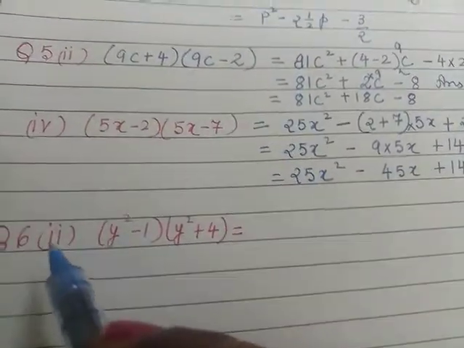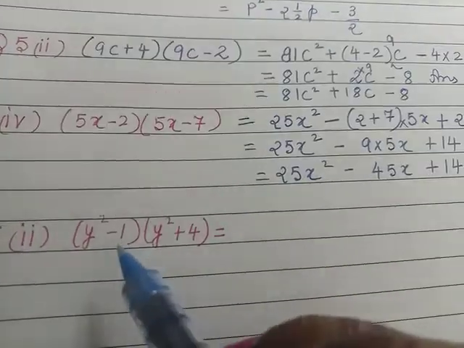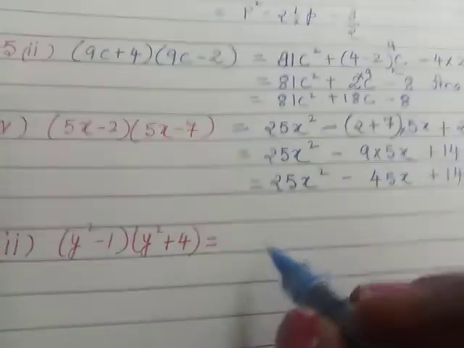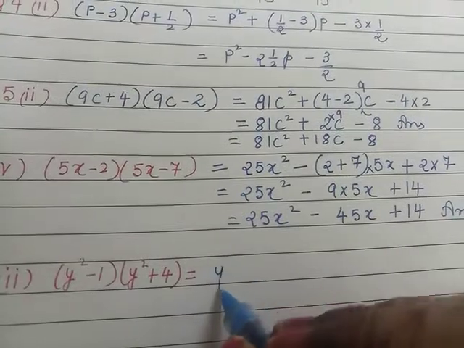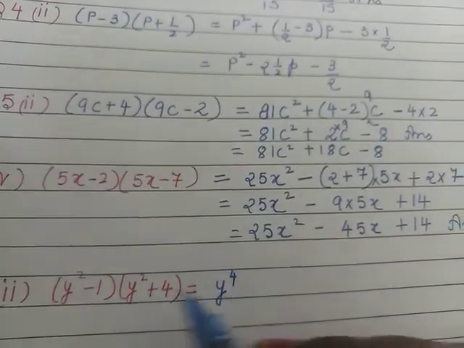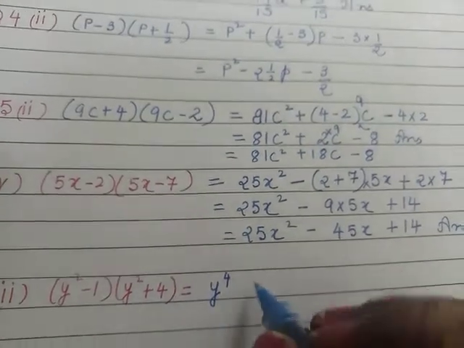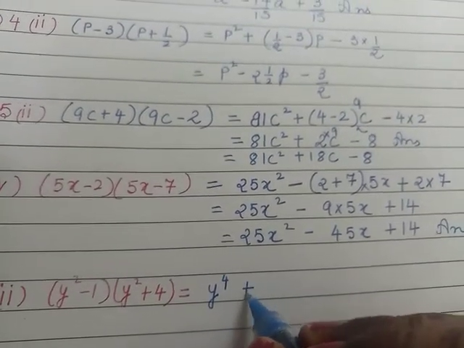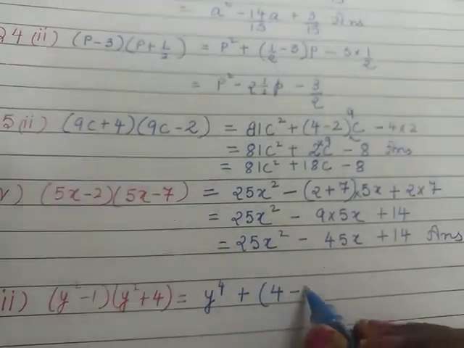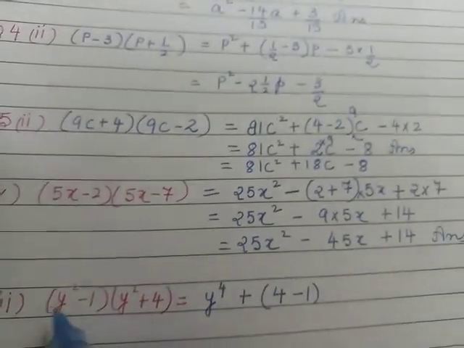Now I discuss question number 6, second part. It is y square minus 1 and y square plus 4. So what are we going to write? The square of y square gives you y to the power 4. As one is positive, another is negative, I write the positive sign outside. First I write the positive one, then the negative one, into the first term y square.